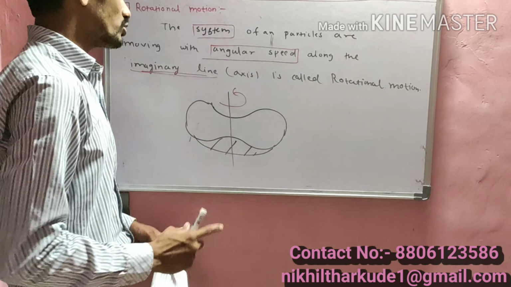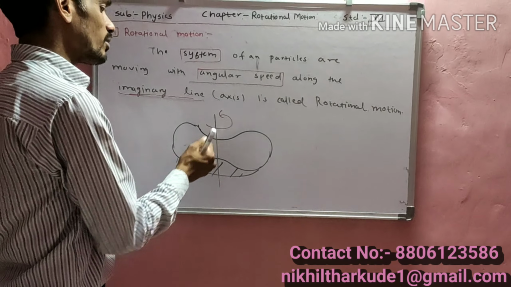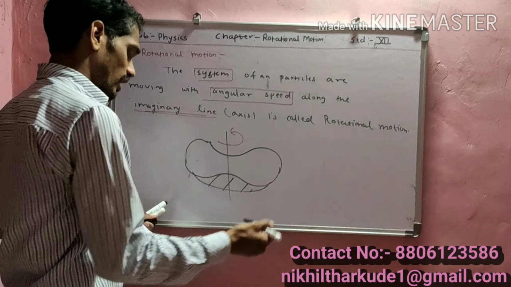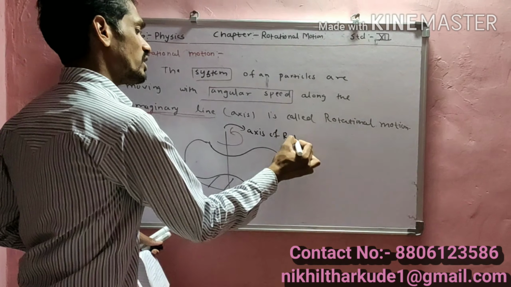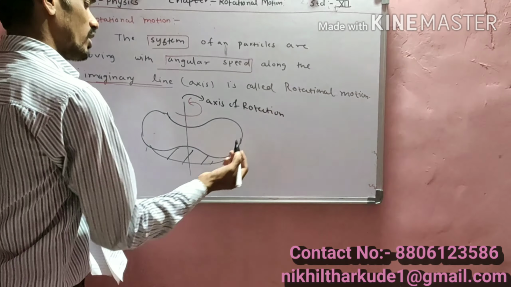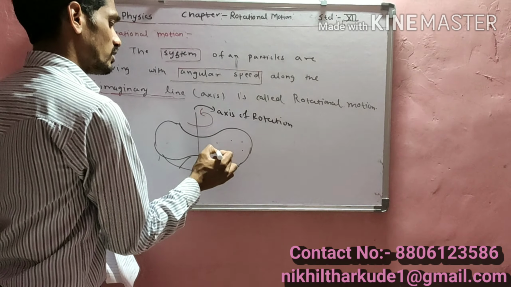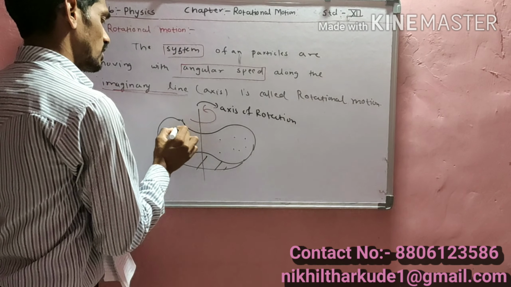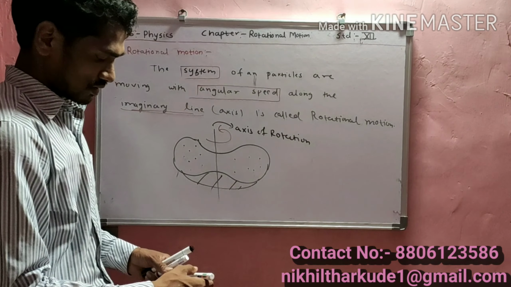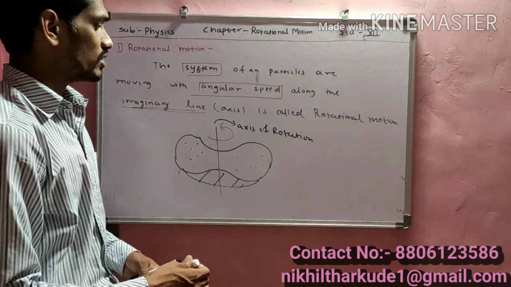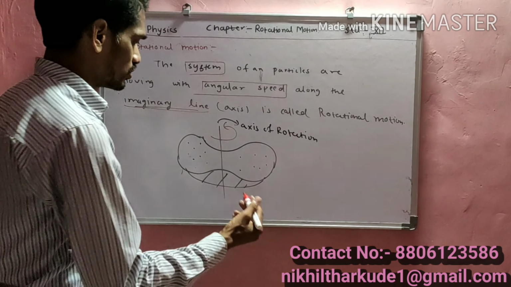So what is rotational motion? If you move this body rotating about this axis, it is also called the axis of rotation. The system of particles, the group of particles moving about this axis, is called rotational motion.